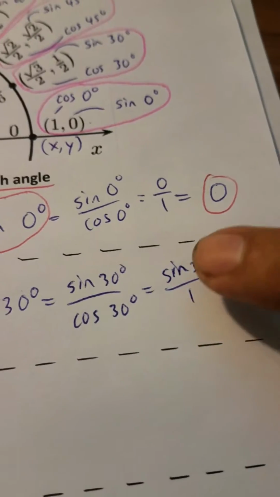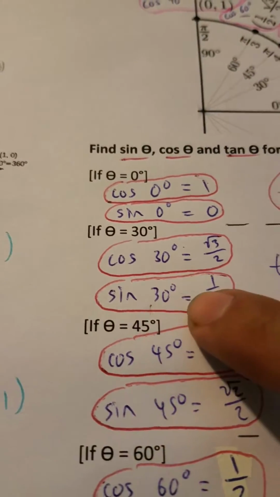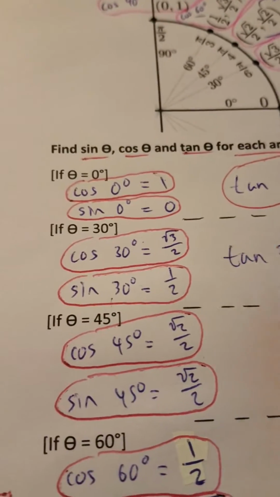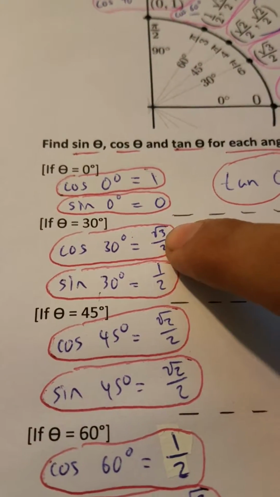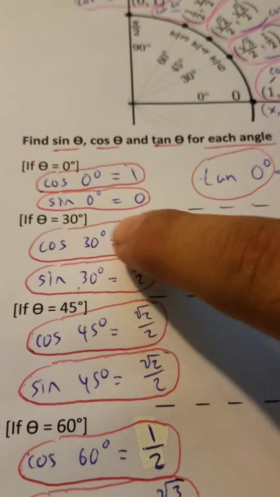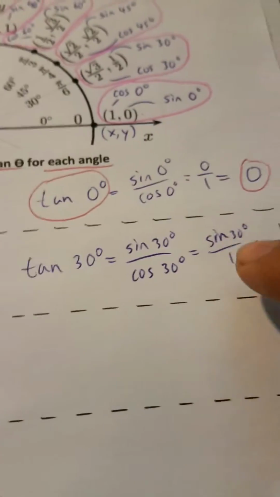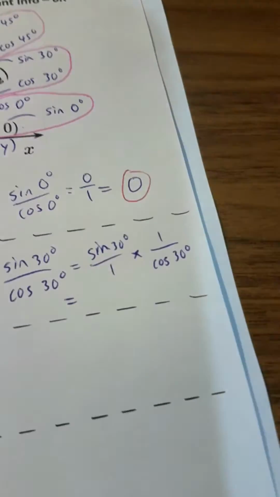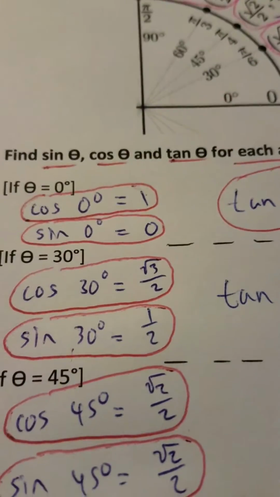Now, the sine of 30 degrees, we can find no problem here. But this one right here is just going to be the reciprocal of that, right? So if we put this 1 over, this is just going to flip this. So if we rewrite this, this equals 1/2 multiplied by the reciprocal of that.